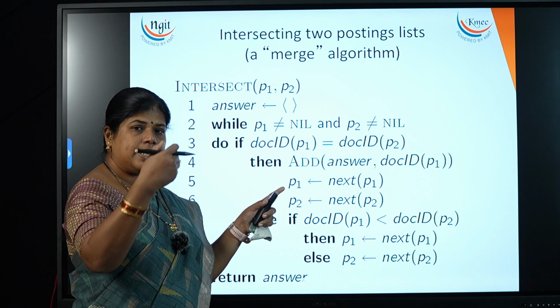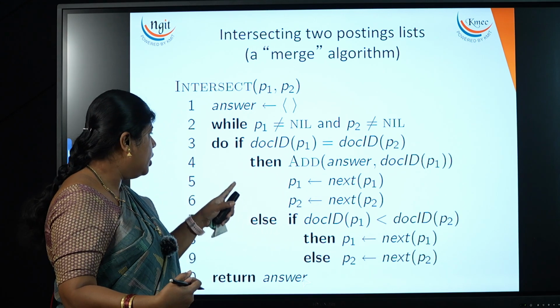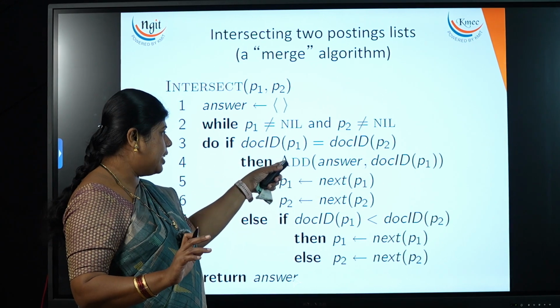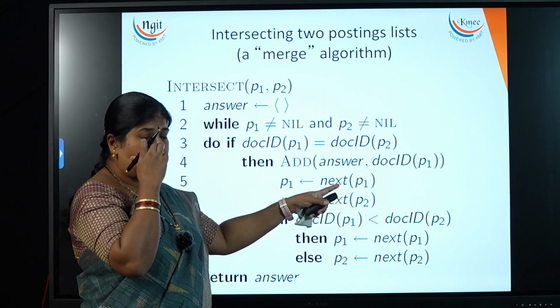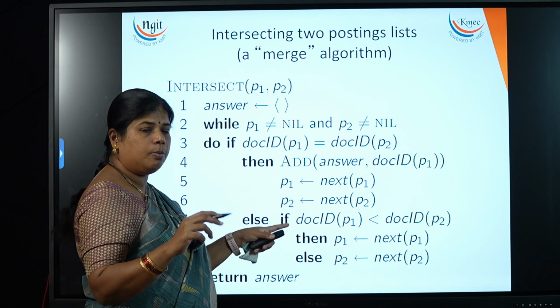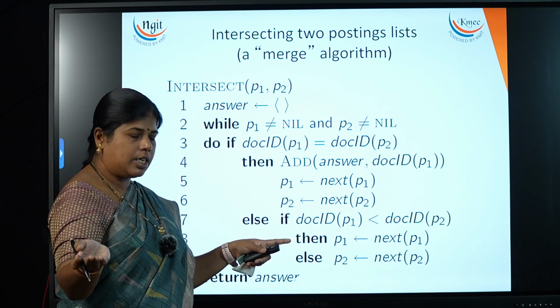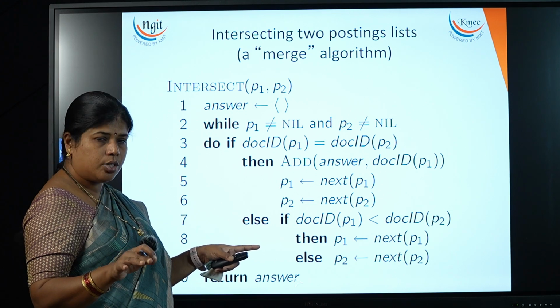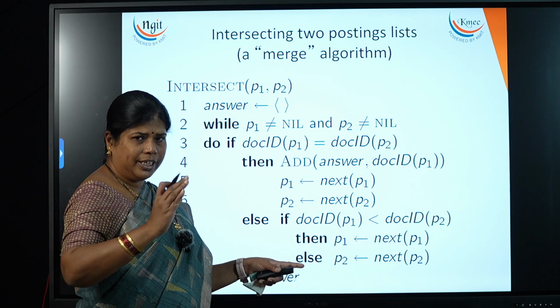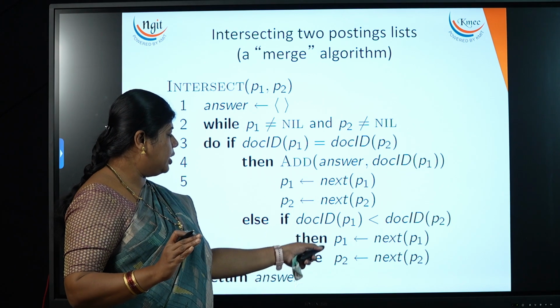as in the previous example, 2 was existing in P1 as well as P2, then whenever the 2 comes, you will enter inside the if, and I will add that answer only once, and then immediately both the postings will move to the next node. And if not so, then based on the sorting values, you will move to the next.